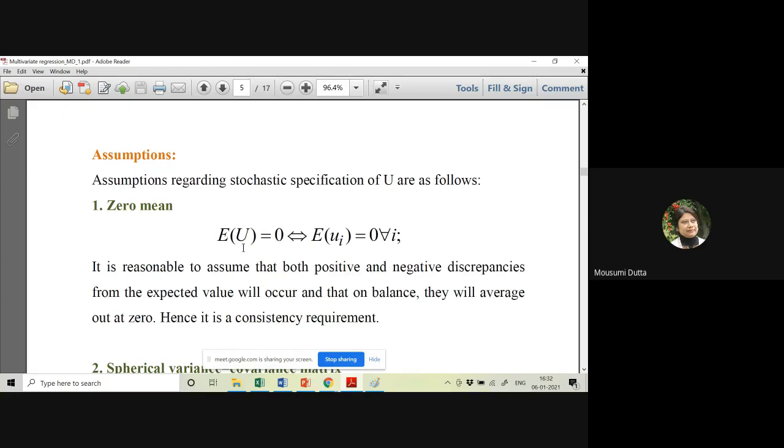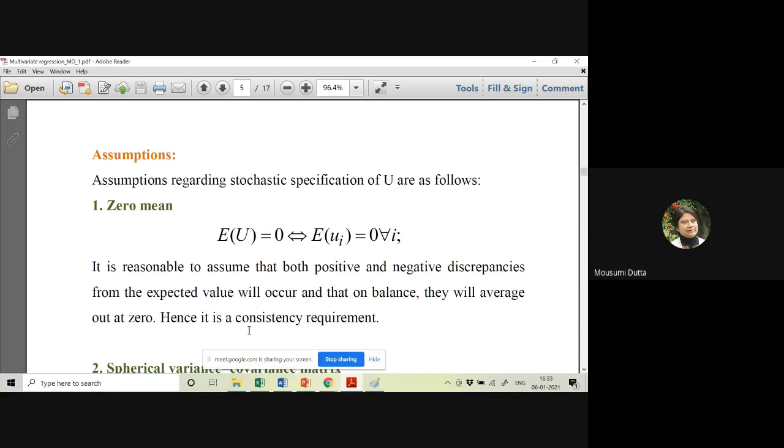So the expectation of the u vector is a null vector, which we can also present as expectation of ui for all i is equal to 1 to n, is equal to 0, 0, 0, etc. So expectation of ui is equal to 0 for all i from 1 to n. Now, what is the implication of this assumption?